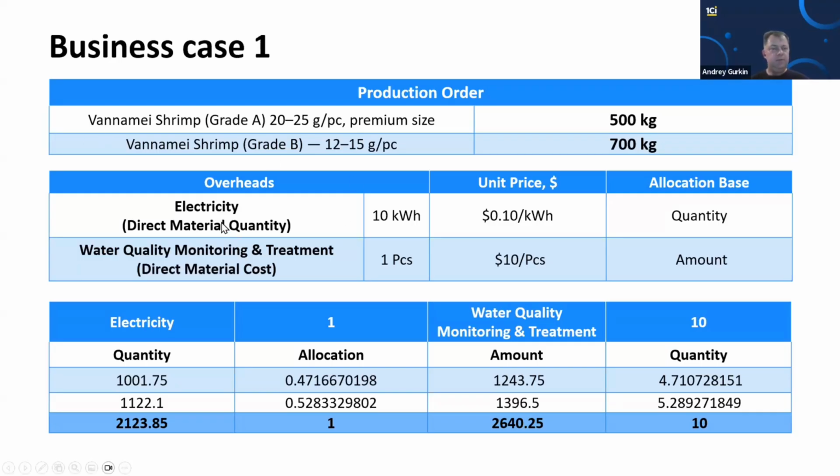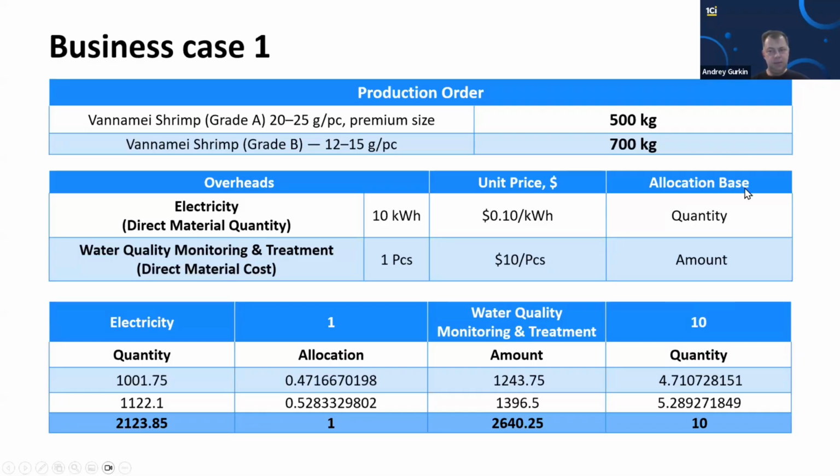Here you can see that the first will be electricity, where we're using direct material quantity, and water quality monitoring and treatment, where we're using direct material cost. I'm trying to showcase to you most of the possible variations. You can see the prices, etc.